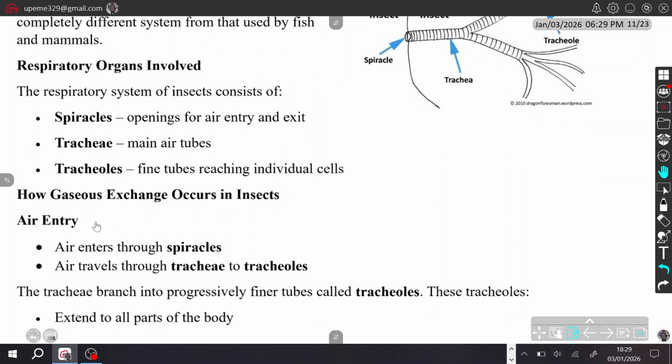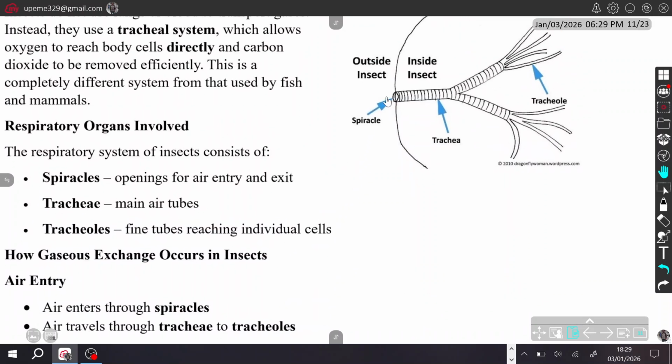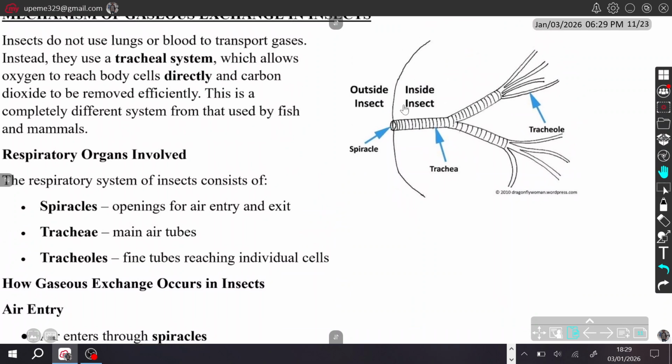Okay. Now we go to how gaseous exchange occurs in insects. So we'll start with air entry. Air enters through spiracles. So this is the surface of the organism, the outside of the insect, and the inside of the insect. On the surface of the insect, here is a spiracle, the hole.